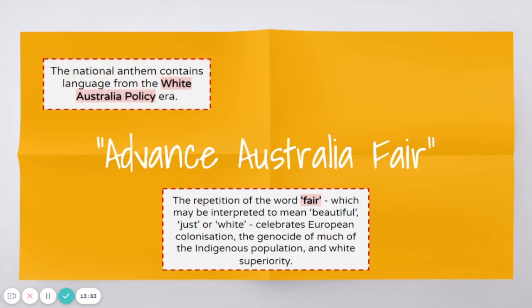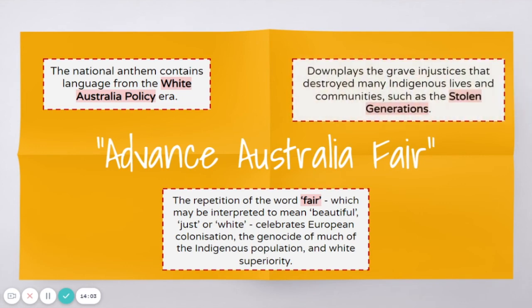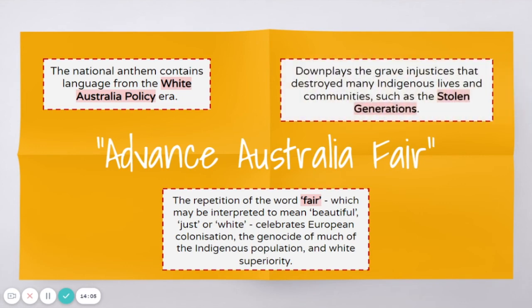Another reason why it's so controversial is that the national anthem contains language from the White Australia policy, or the era in which this policy was enacted. Another reason why a lot of Indigenous Australians or Aboriginal Australians have called out this lyric is because it downplays the grave injustices that destroyed many Indigenous lives and communities, such as the stolen generations, which I know you guys have learnt about in humanities in the past.